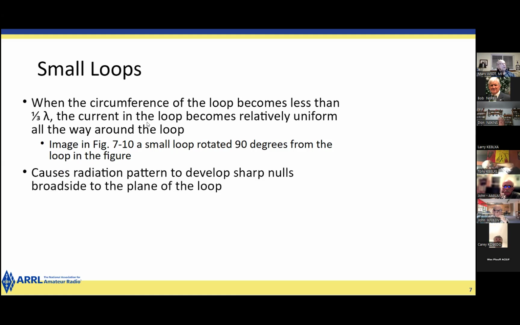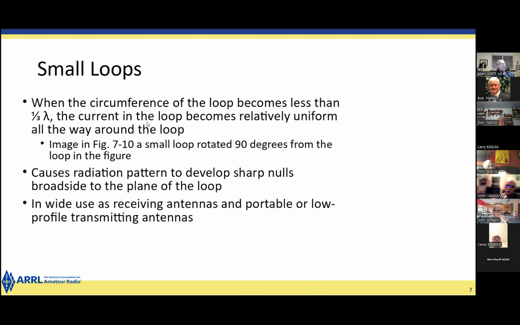This causes the radiation pattern to develop sharp nulls broadside to the plane of the loop. And as I said, they're in wide use as receiving antennas or portable or low profile transmitting antennas.